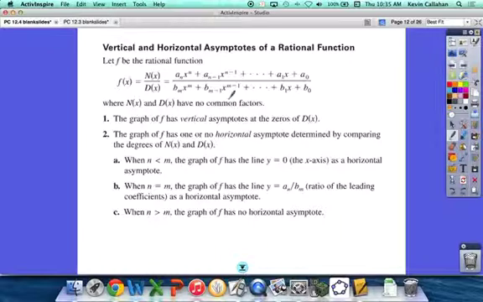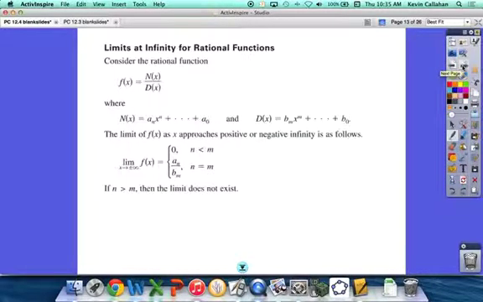In our case, we would say the limit equals 0. If n equals m, they have the same highest power, then it's the ratio of the coefficients, a over b. And if the numerator has a higher power than the denominator, there is no horizontal asymptote. In this chapter, that's the way they say it. But it's the same thing.